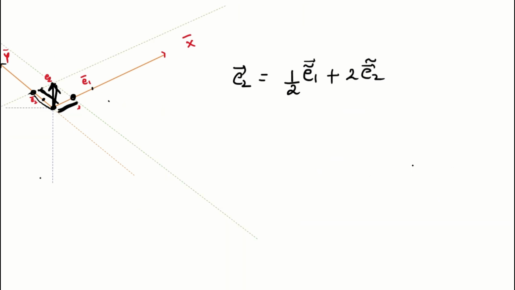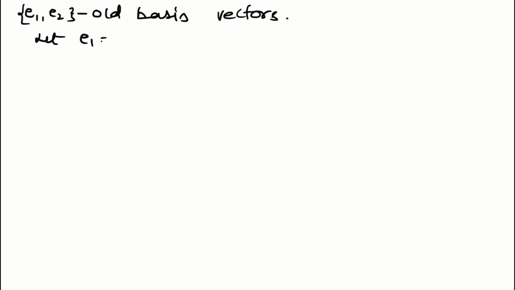Now, E1 and E2 are old basis vectors in the xy plane, right? So let us consider E1 as (1, 0), that means it is the standard basis, and E2 as (0, 1).